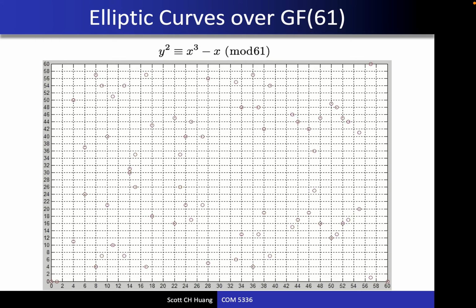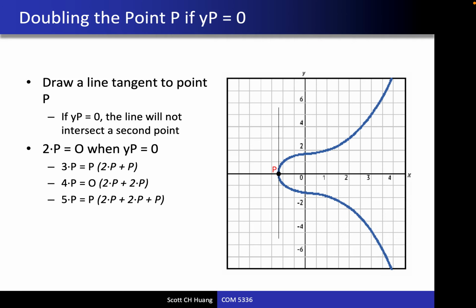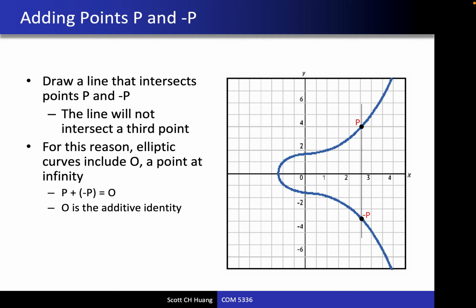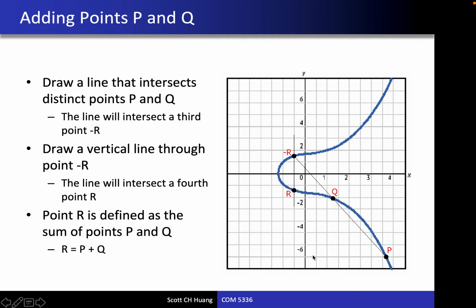So what problems do we have? For example, adding two points. If you add two points, can you do that? You have two points and then you draw a line. Well, does this line really intersect another point? That's one question. And then you do the mirror point. The mirroring is okay. But how can you be sure that this line will intersect a third point?